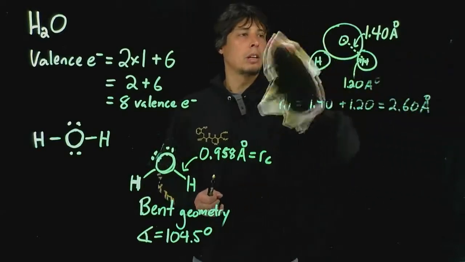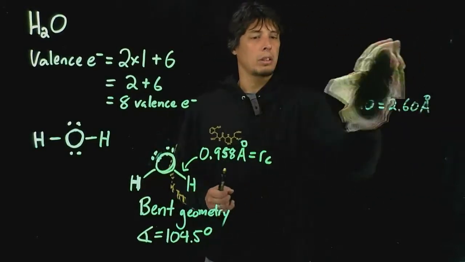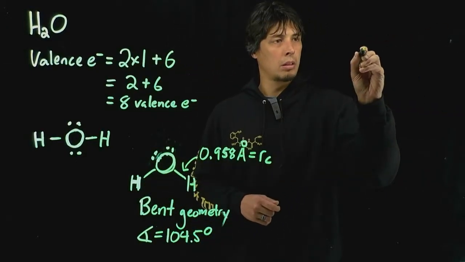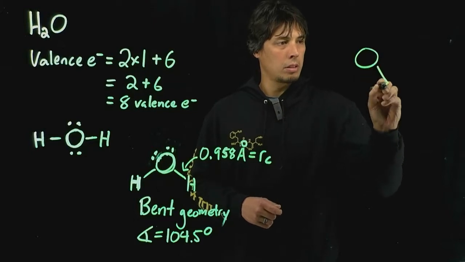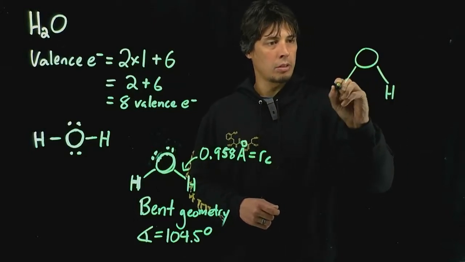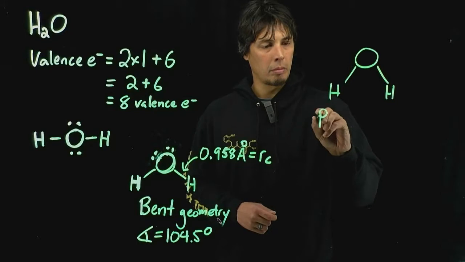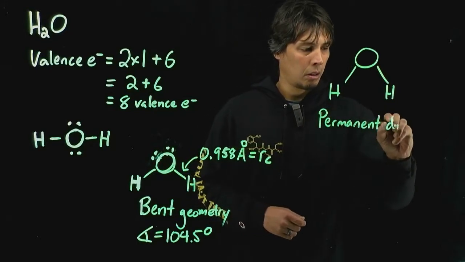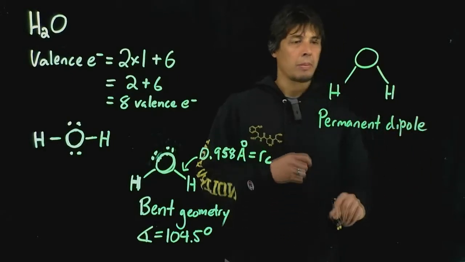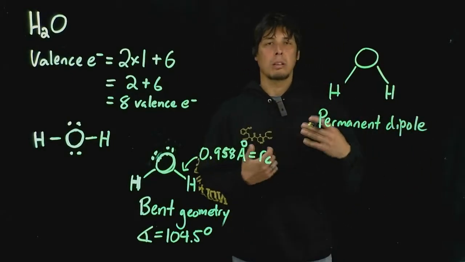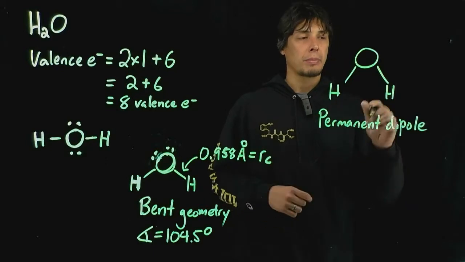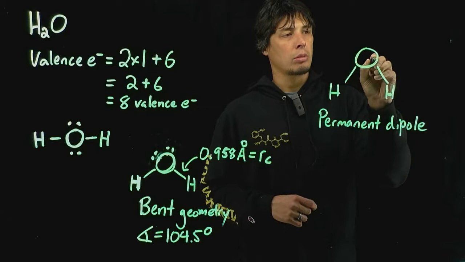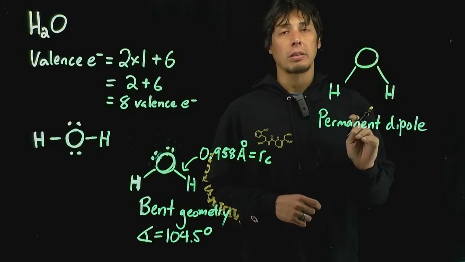Now, we looked at the structure. Recall that because of this structure, we have what's called a permanent dipole, which means that the molecule has a positive and a negative end. This is dependent on the electronegativities of the atoms.